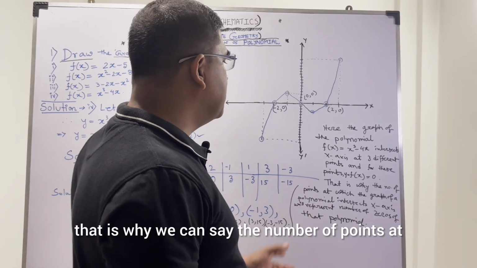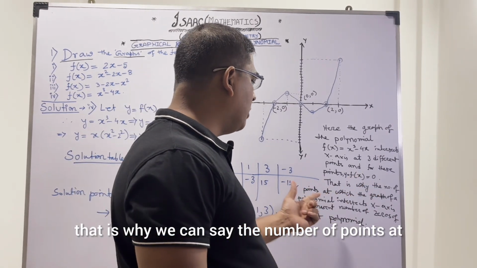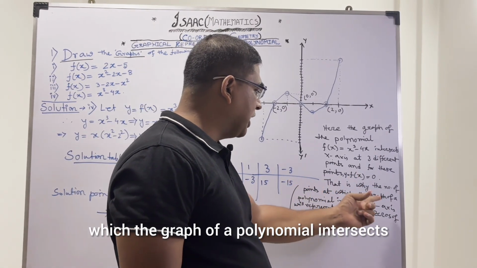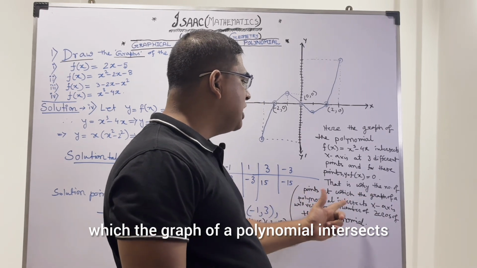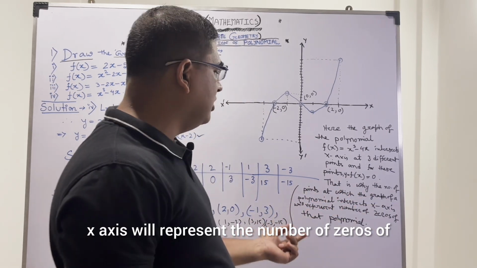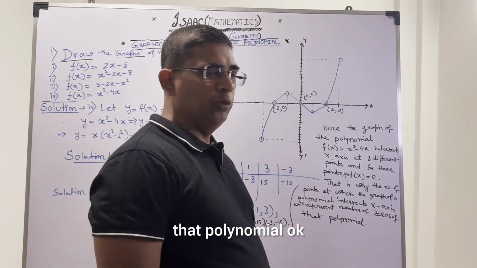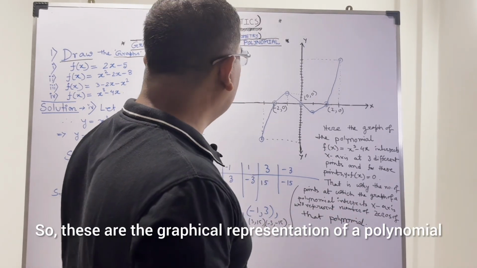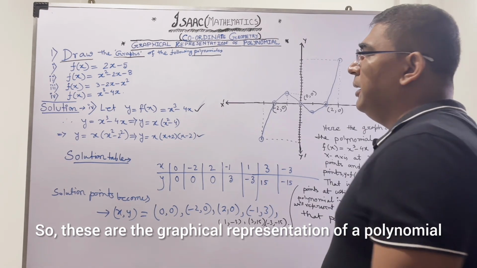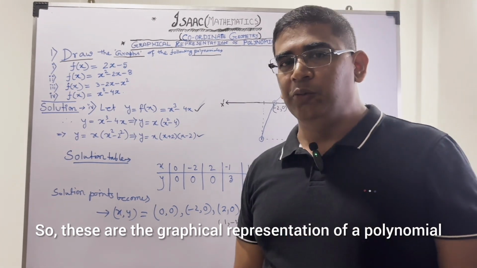That is why we can say the number of points at which the graph of a polynomial intersects the x-axis will represent the number of zeros of that polynomial. Okay, so these are the graphical representations of a polynomial.